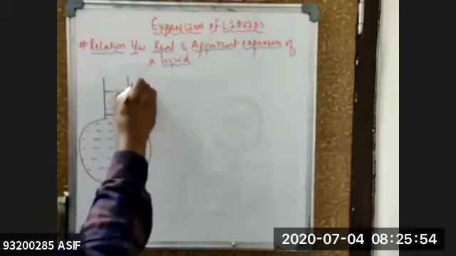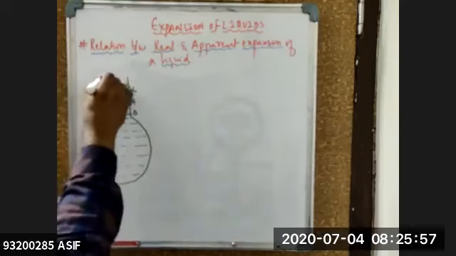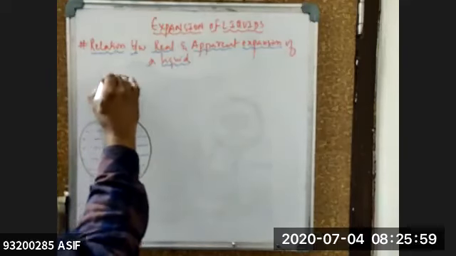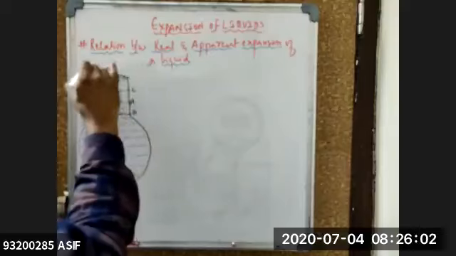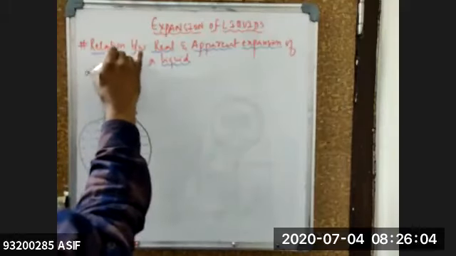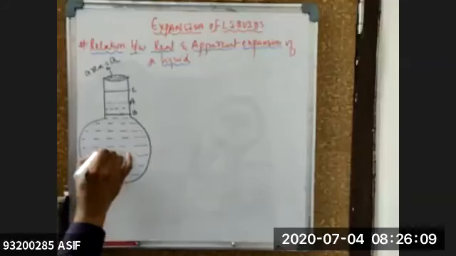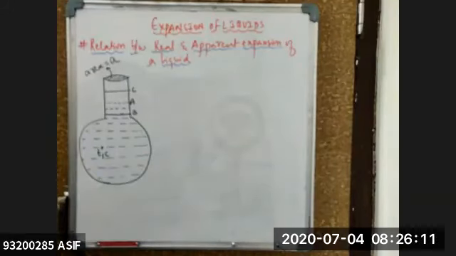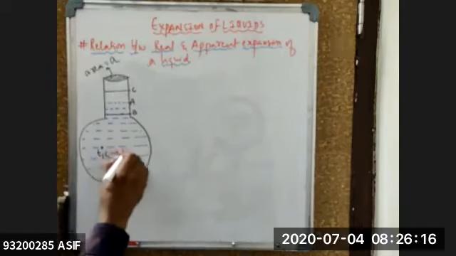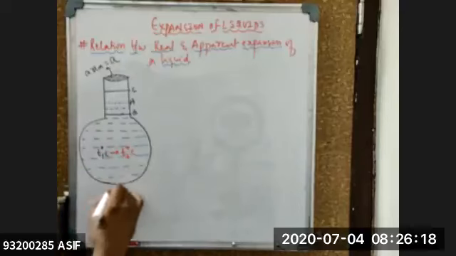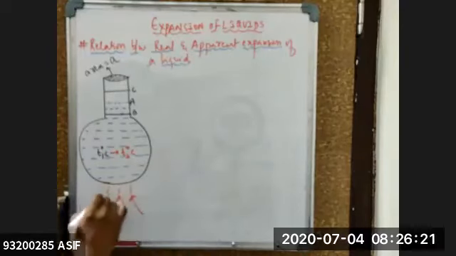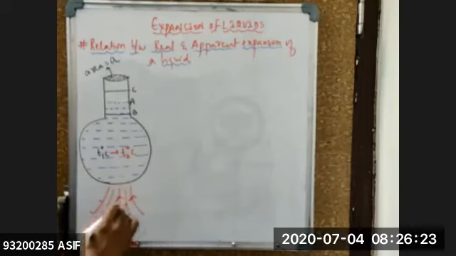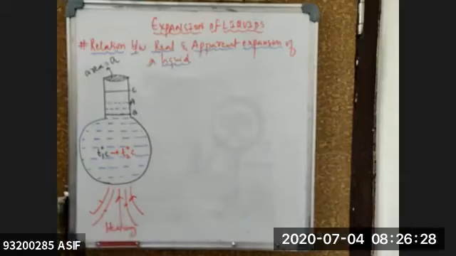This one is your B. The area of the open part is taken as A. This liquid is initially at a temperature of T1 degree centigrade. We are heating it from T1 degree centigrade to T2 degree centigrade by some external burner. So we are heating this one.